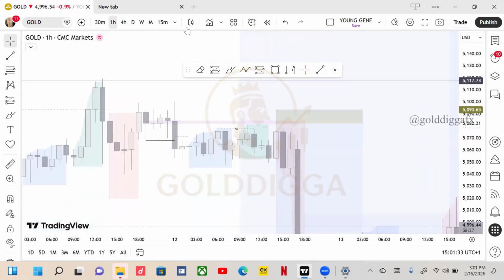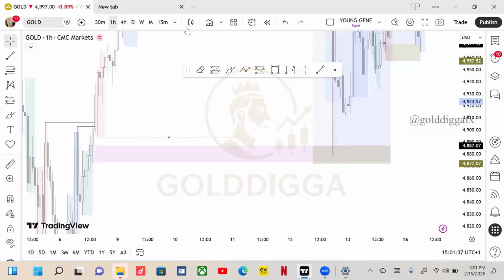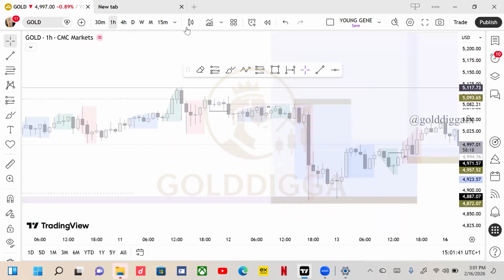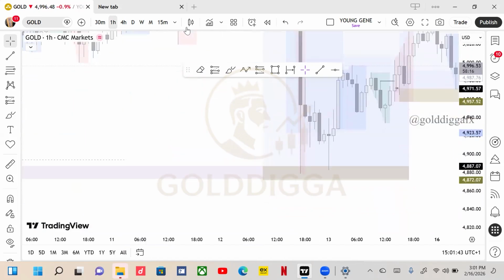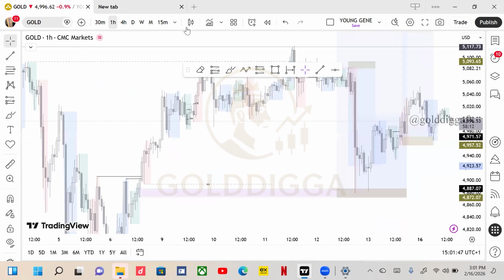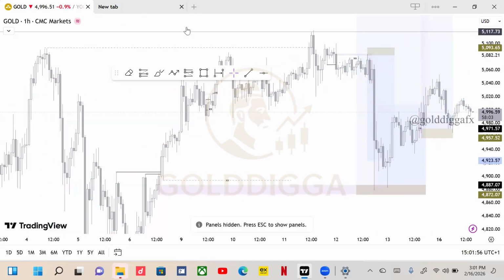So like I said, I always like the entry being during a session. And the buy also triggered in the New York session. Price triggered the sell in New York session, dropped all the way, and triggered the buy in New York session as well. So price triggering in a session is a very big confluence. These are things you could use for extra confirmation of your zones.